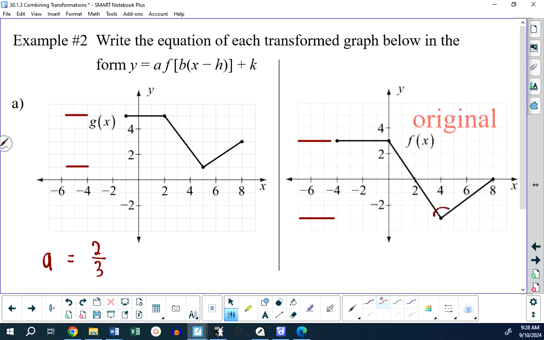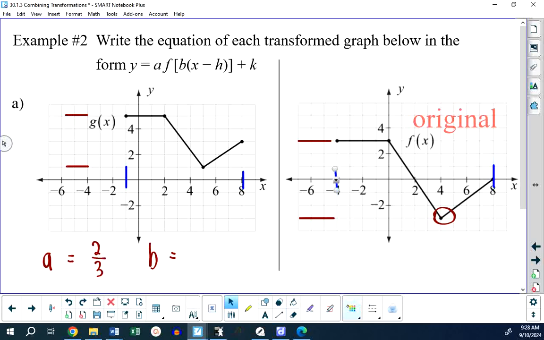This point here on the original is pointing towards the floor or towards the bottom of the sheet of paper. And on the new one, it's still pointing towards the bottom of the sheet of paper. So A is positive. Now we're going to move our attention to B. And now what we're doing, everybody, is we are looking at how wide this thing is in relation to the width of the original one.